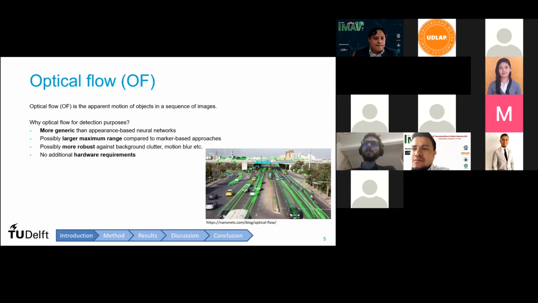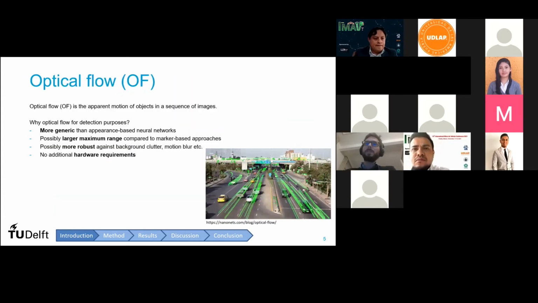But with optical flow, you can basically detect any other moving object. Also, with a single camera, you may detect objects quite far. You see in this image on the right, you see these cars also in the distance, for example. And possibly it's more robust against background clutter visually.